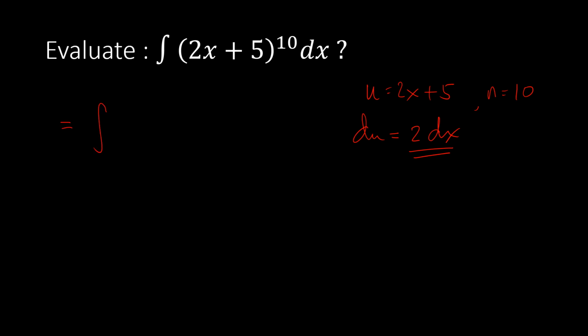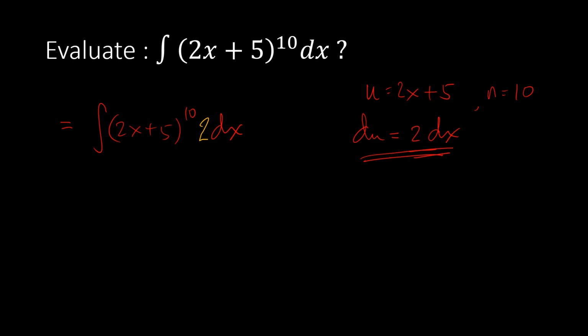So we write the integral of (2x plus 5) raised to the power of 10 dx, but it says that our du should be 2 dx. So there is a missing term here, or a missing constant 2. So we affix 2 to complete our du, but then it will change our integrand.